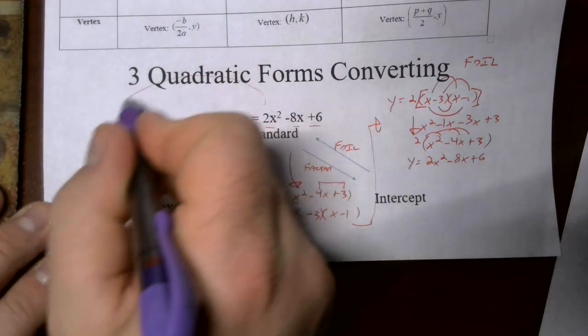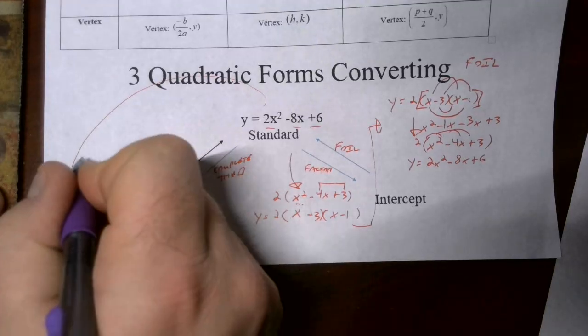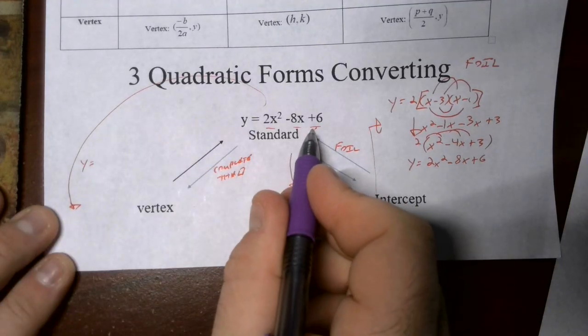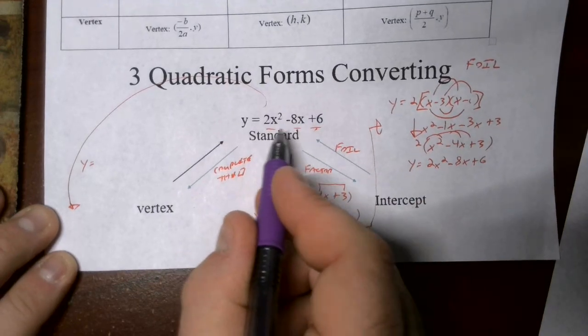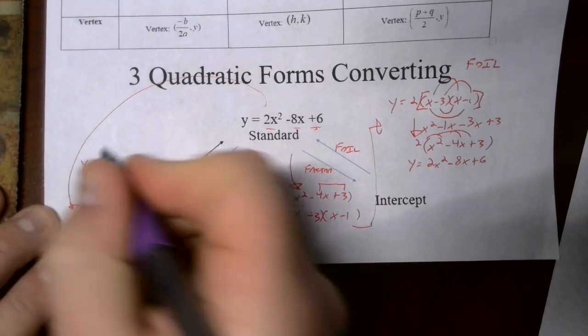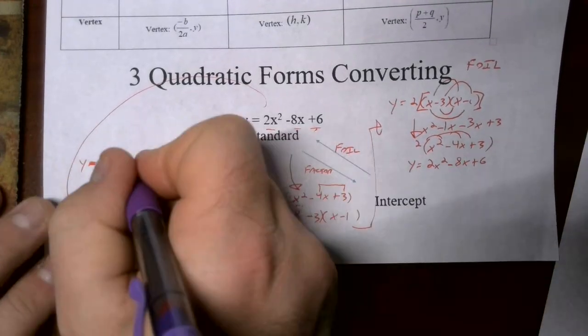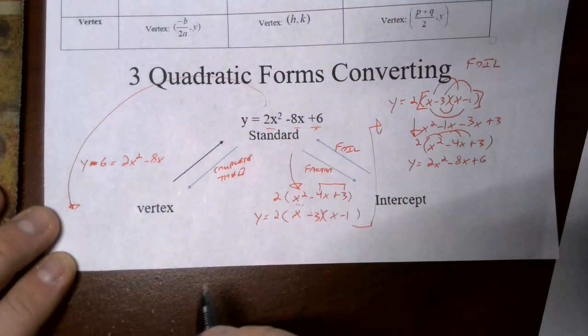So basically, to complete the square, I am going to bring the c term to the left side. So remember, we don't divide it out. We just bring that c term over first. So we get y minus 6 equals 2x squared minus 8x.